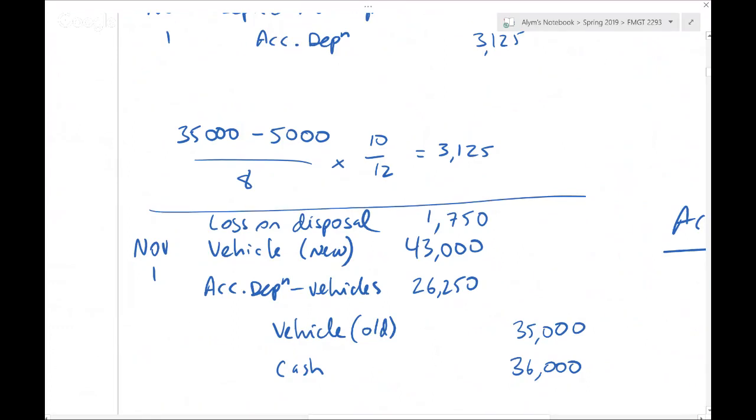Okay, and that is our loss on disposal. That's about as complicated as it gets for a trade-in, so I'm hoping that that's okay. I'm kind of keeping an eye on the chat here to see if there's any other questions.